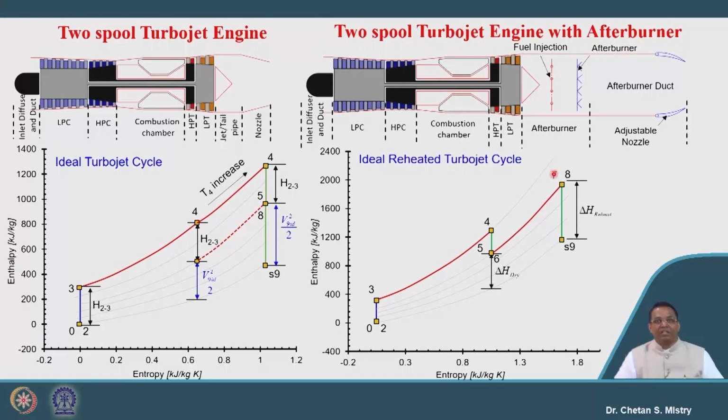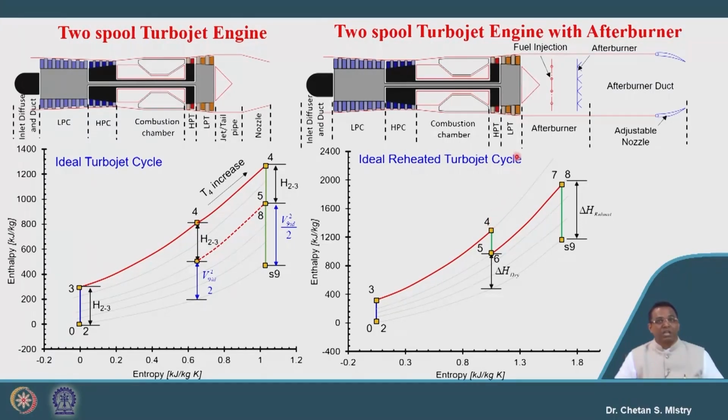Here, this was my enthalpy difference that represented my exit velocity, and here this is my new enthalpy difference, that is representing my exit velocity. Now just look at what we have done. By providing the additional burner, we are able to raise the temperature. Now you will say, sir, why are we increasing this temperature, why not T4?